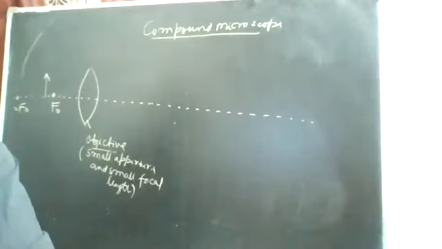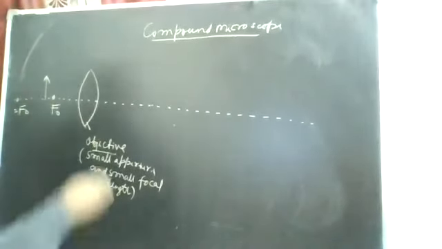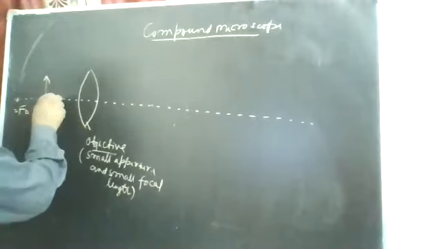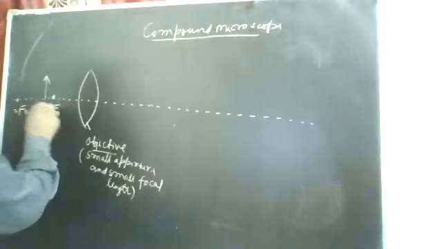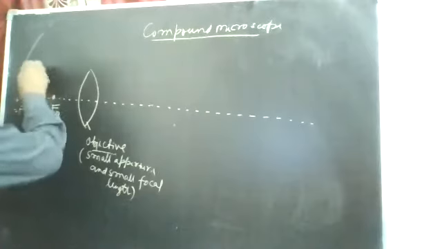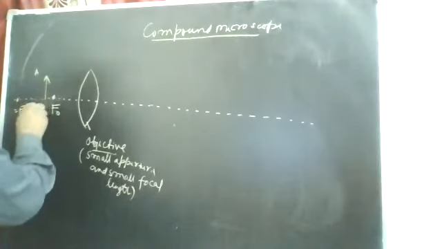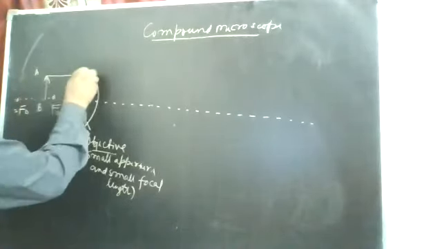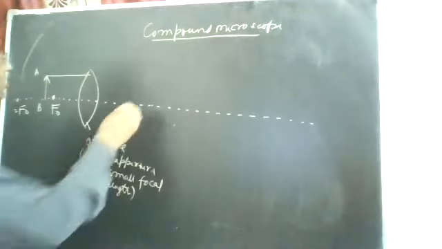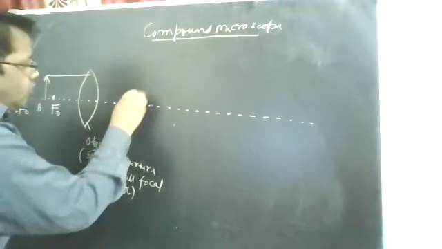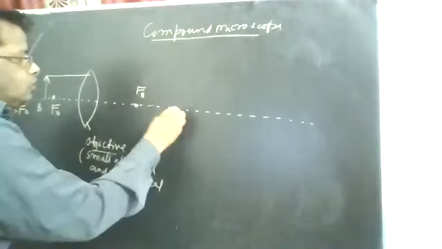But what happens when the object is placed between 2F and F, but close to F? If this is object AB, parallel rays pass through the lens, and the paraxial rays pass through the focus point. This is FO, this is 2FO.